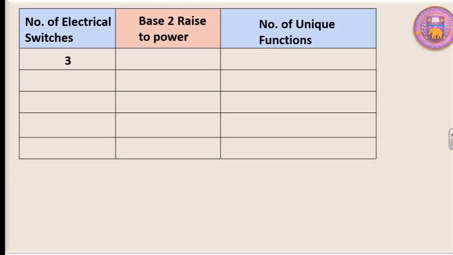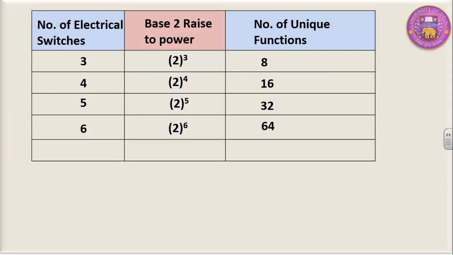Now, we learned that if there are three electrical switches, then in combination they can have 8 unique functions. Similarly, if we have 4 electrical switches, then we can generate 16 unique functions. Similarly, with 5 electrical switches, 2 raised to power 5, it becomes 32 unique functions. And in case we have 6 electrical switches, 2 raised to power 6, then the total number of unique functions becomes 64.